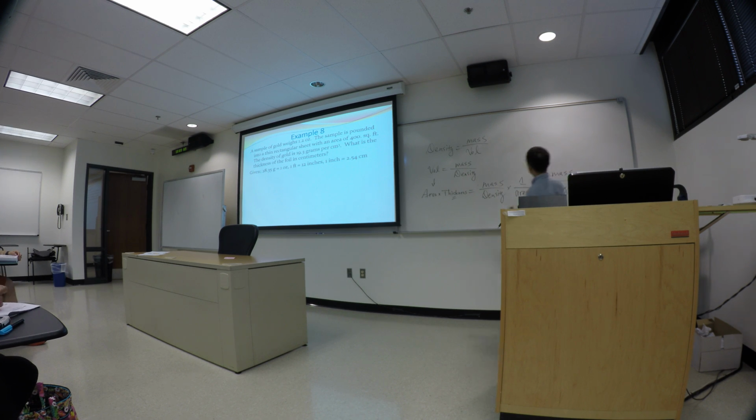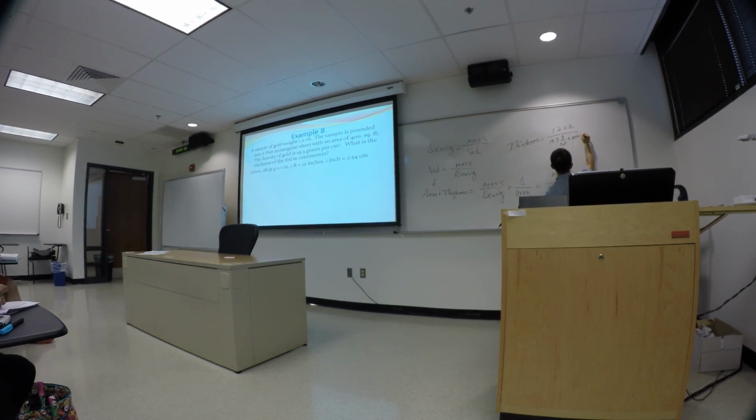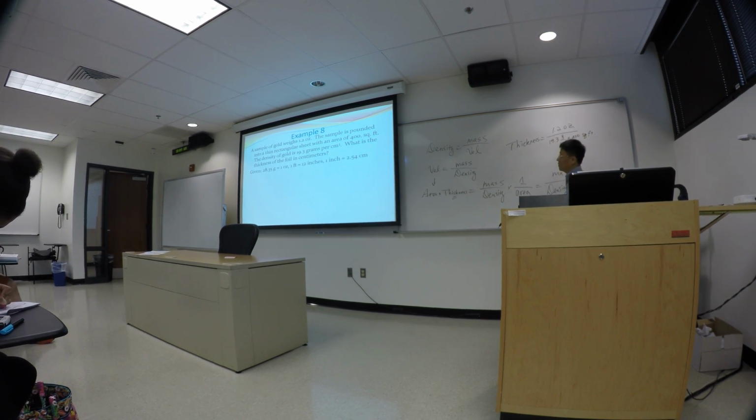So what we can do here is that thickness equals 1.2 ounce, 19.3 gram per cubic centimeter, 400 square foot. Can we plug in the numbers like that to get the answer?